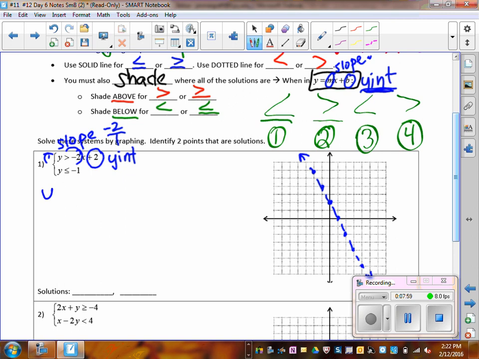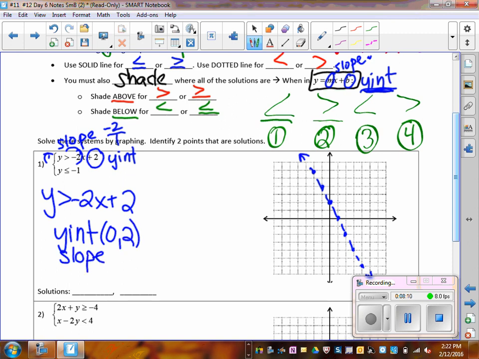I'm going to rewrite this with the information we just did. So my y-intercept is the point 0, 2, and my slope is -2, which is -2 over 1. Okay, now we have to decide if we're shading above or below. Before, we used a test point, right?